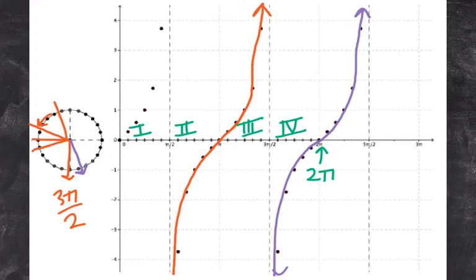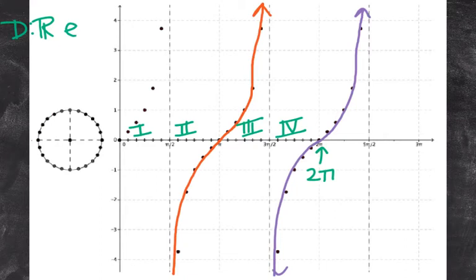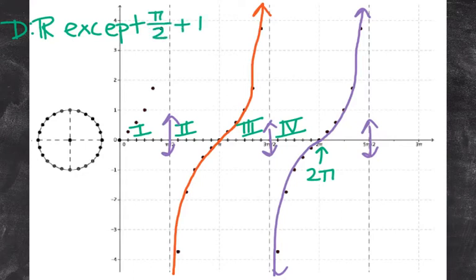So thinking about the domain and range of this function, I can have an angle measure that is anything I want, but for certain angle measures, I won't get an output. So the domain of this function is all real numbers except pi over 2, which is where I've got this asymptote, and 3 pi over 2, and 5 pi over 2. So what we're going to do is write it as pi over 2 plus pi n.